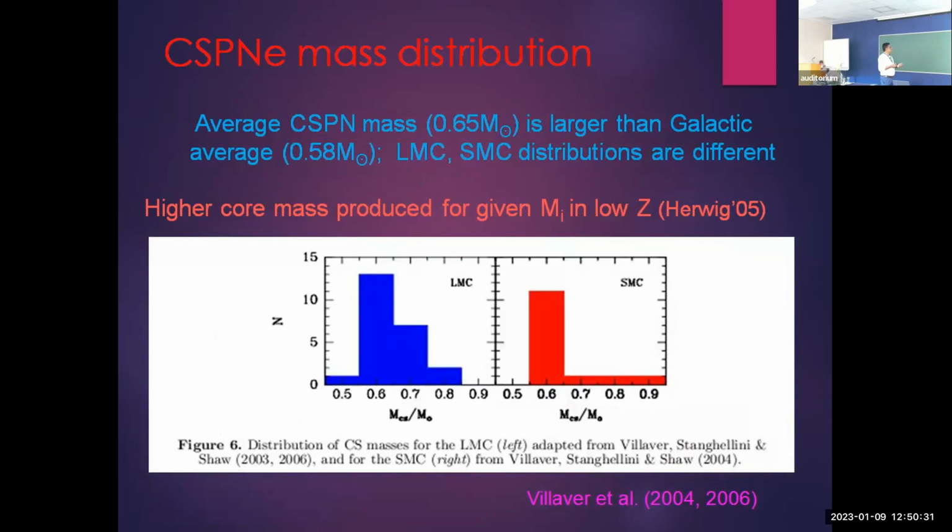This can be easily understood because at lower metallicity the models also predict that higher mass central stars will be formed. This is very simple because the mass loss is not very efficient, so the envelope is thrown out over a longer duration, and meanwhile the shell burning continues and adds more and more mass to the central star. That's how the central star mass is larger at lower metallicity.